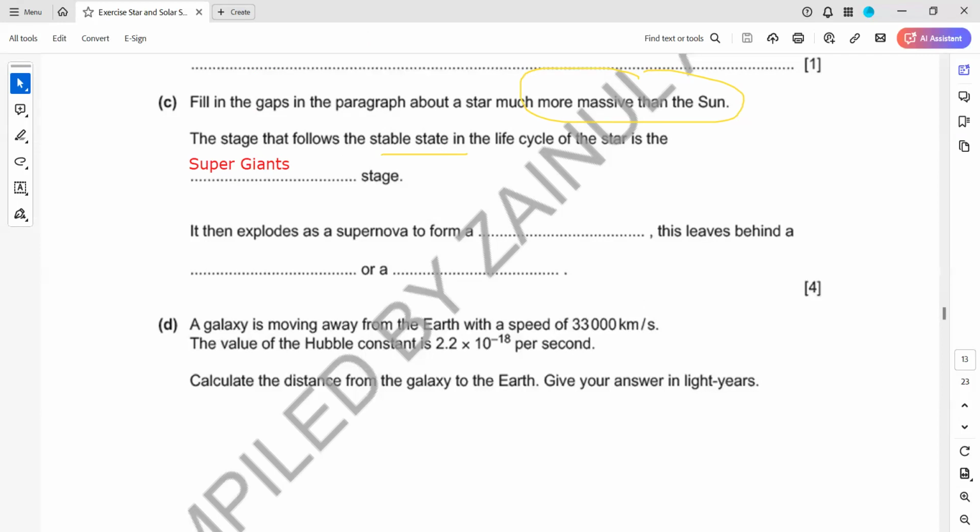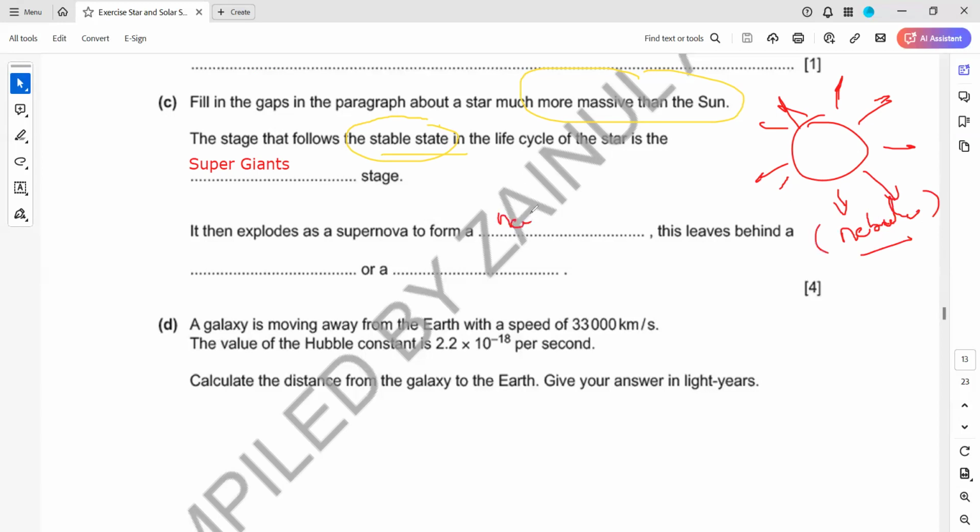So from a main sequence star, or from a stable star, it will turn into a red supergiant. It then explodes as a supernova to form, when the supernova explosion happens, what is also known as a nursery for stars, called a nebula. And what does this leave behind?